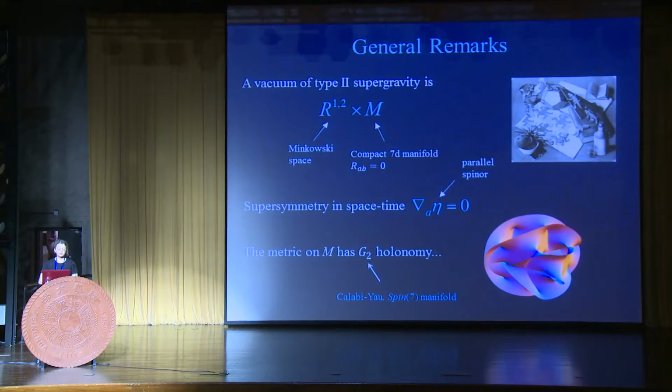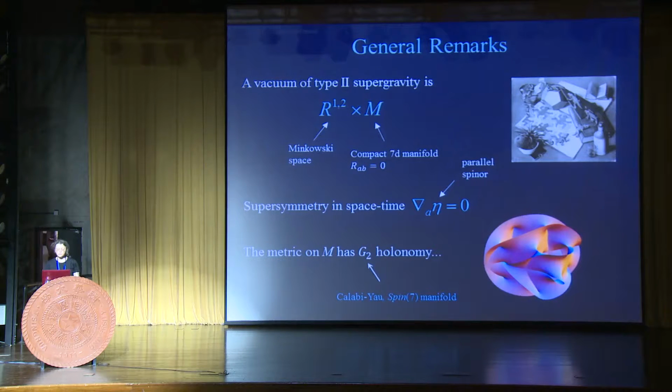Now, so here's a vacuum solution of type 2 supergravity. So if we compactify on such a 7-dimensional manifold M, and there's a parallel spinor, then we have a covariantly constant spinor, then we have some unbroken supersymmetry in space-time, and the metric on M has G2 holonomy.